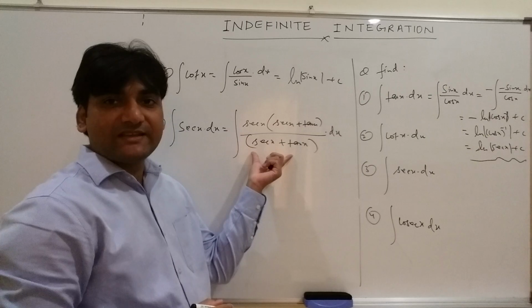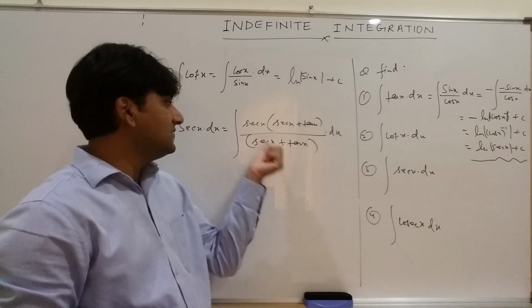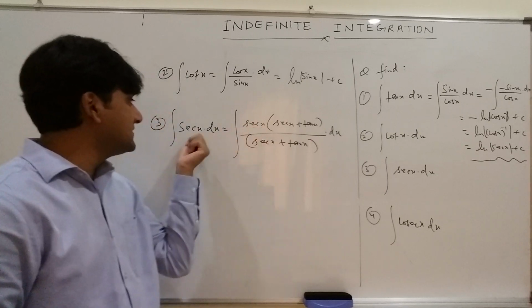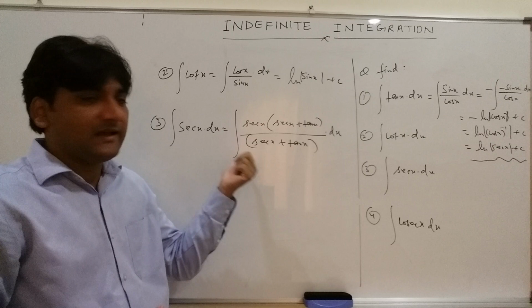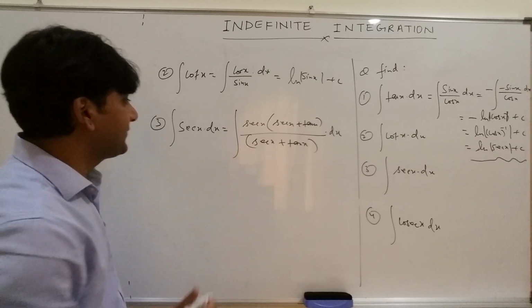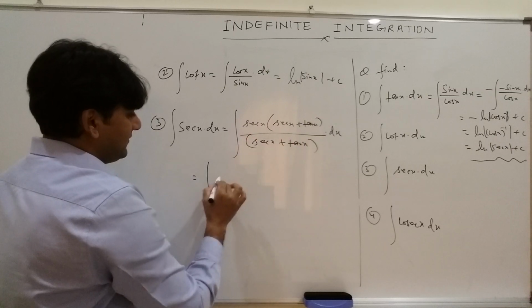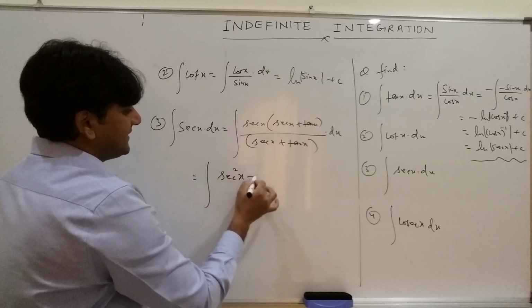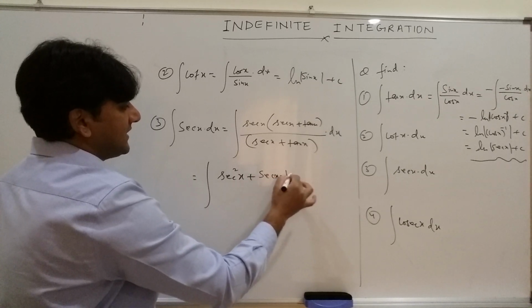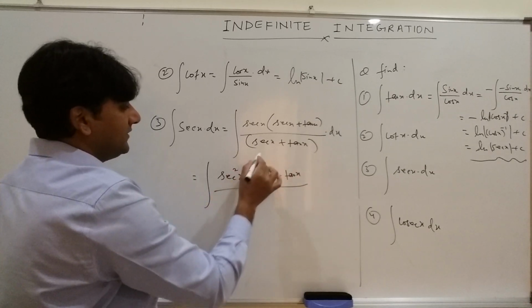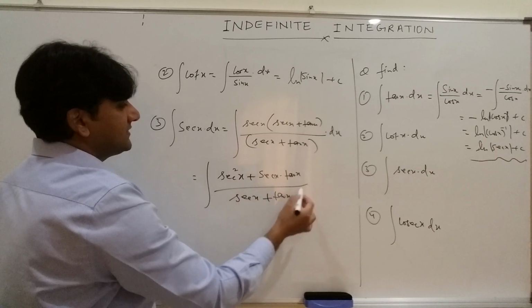So this bracket and this bracket got cancelled, it would be sec x, so actually the question is the same. I have not altered the question. Now multiply sec and sec, you will have sec square x, and sec and tan, you will have sec x tan x, over sec x plus tan x dx.